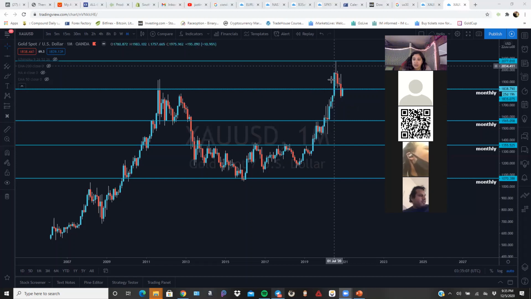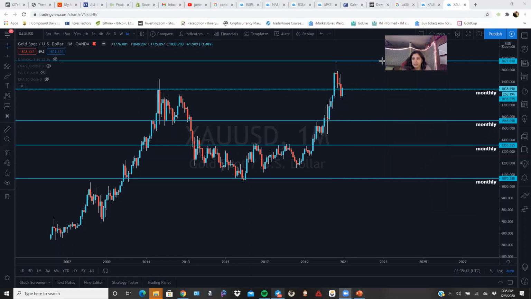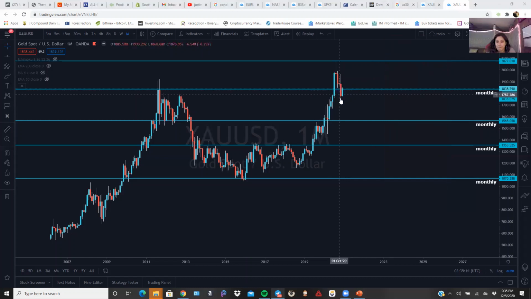So we broke out here, hit this monthly resistance, came back in below it. I like this. This is a nice resistance area. We definitely have to see, since all this closed below and the retest closed below. Well, this isn't the retest. This is the monthly, and the monthly just opened.